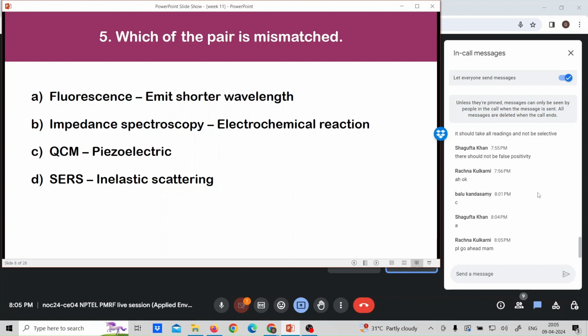What is QCM? Any idea? You can put it in the chat box. We'll look at QCM and SERS. You can just give the expansion in the chat box.